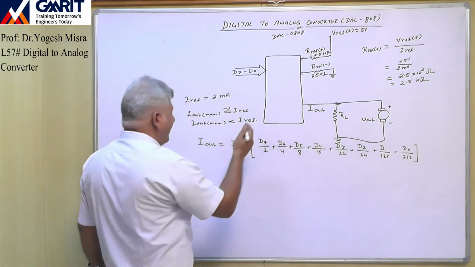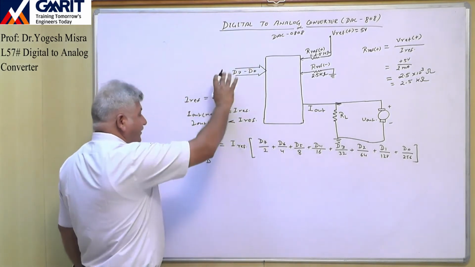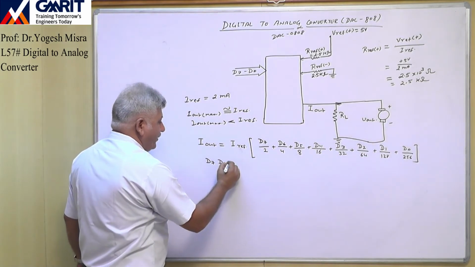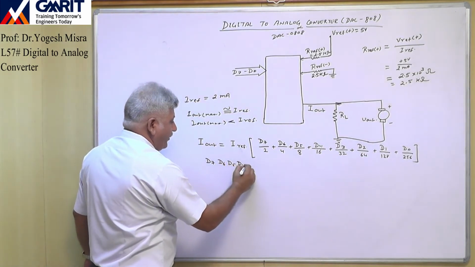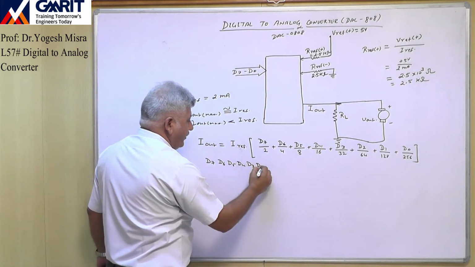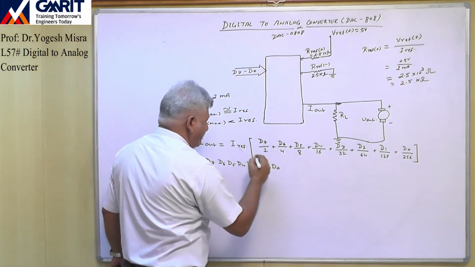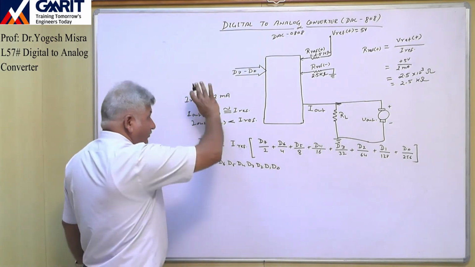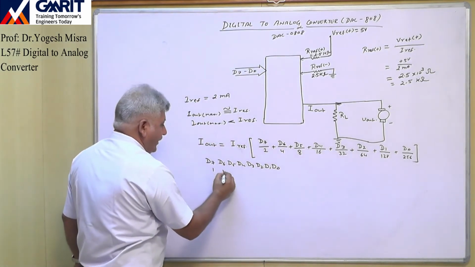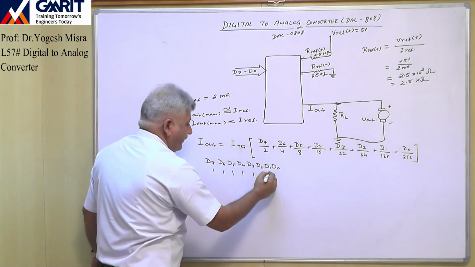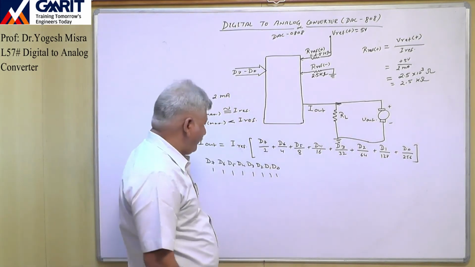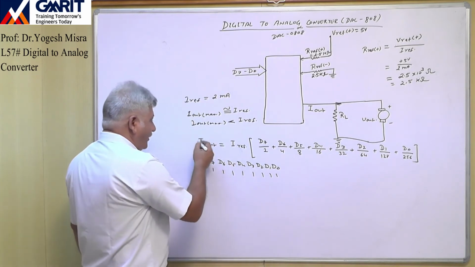You will get the maximum I out if our digital inputs, these are digital input pins D7, D6, D5, D4, D3, D2, D1, D0, if all of these input lines are at 1, then we will get maximum I out. So in this case, what is the value of I out?